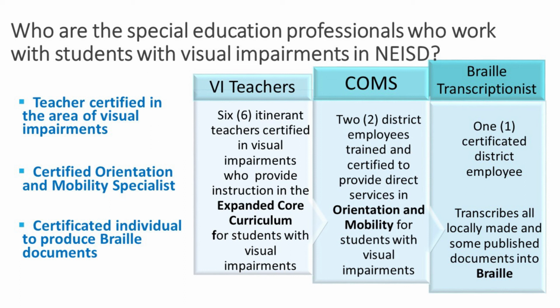They follow the goals and objectives in the IEP, which includes elements of the Expanded Core Curriculum that are designed to meet the needs of the student with the visual impairment that go beyond the academics of the text as essential knowledge and skills.